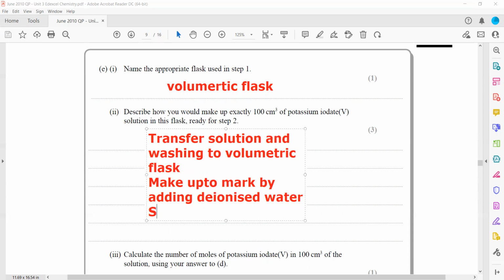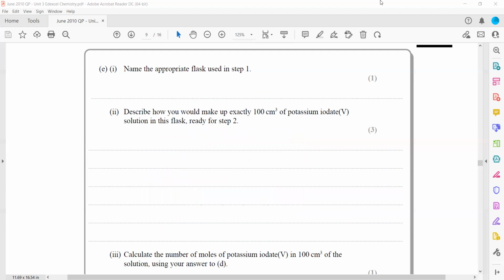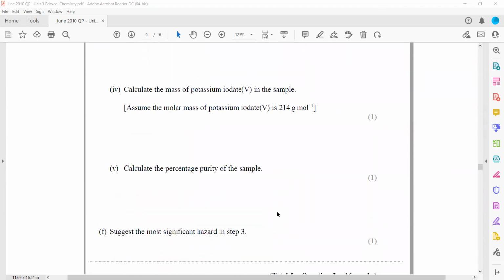And then we will shake the mixture. One important thing is to put the stopper on and shake the mixture. That's how we make this standard solution where we know the concentration.